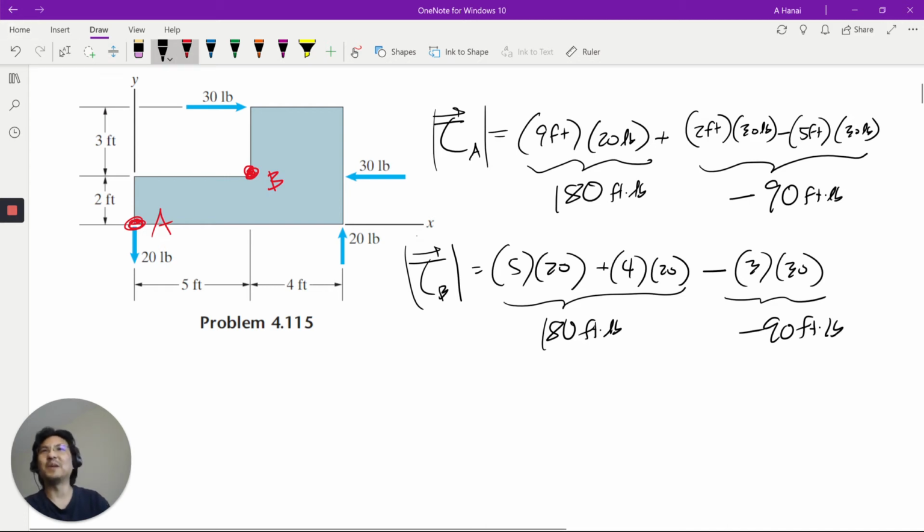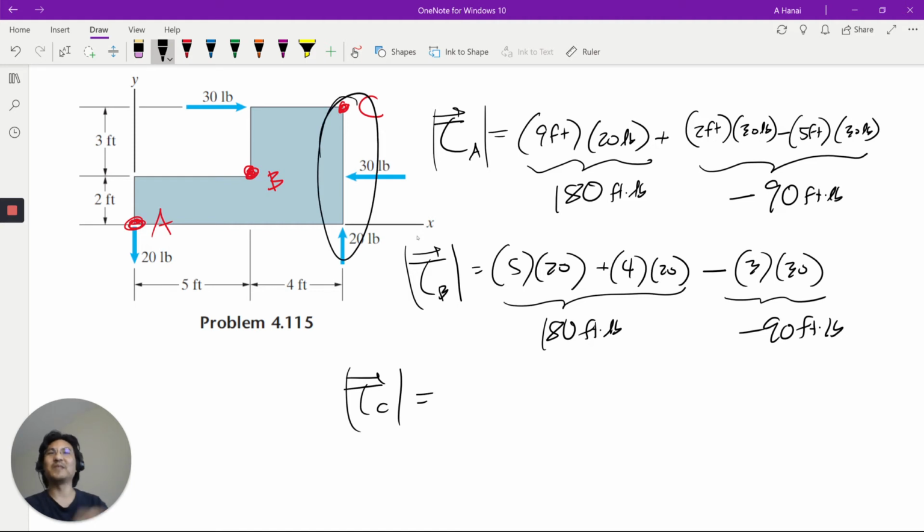How about I pick another point in space, here, C. What's the torque due to this couple about point C? For this one, 0. From C to here, that's 9. So 9 feet, 20 pounds, and that's positive.